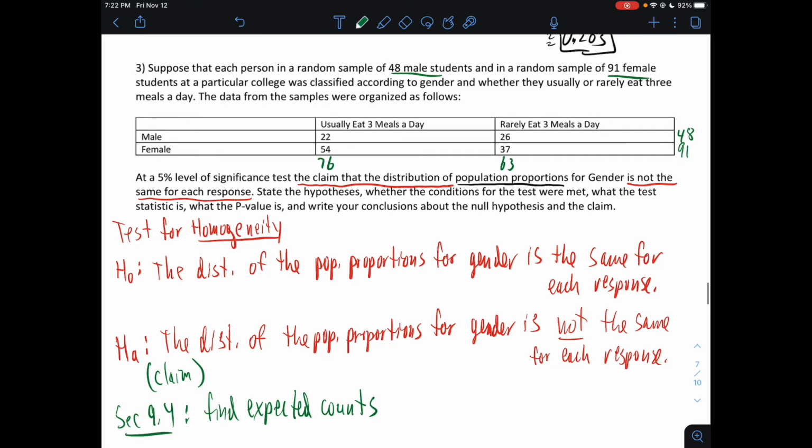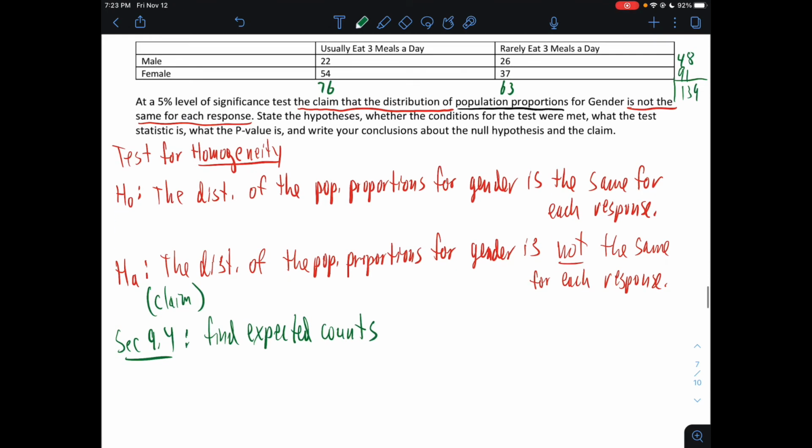And then finally our grand total, which would be 48 plus 91, 139. So our expected counts, remember row total times column total divided by grand total. We're just going to have 2 rows and 2 columns.